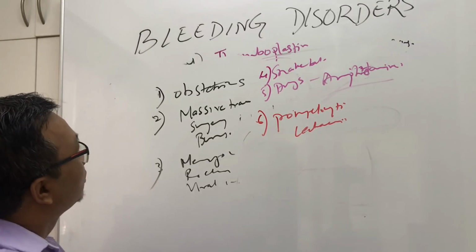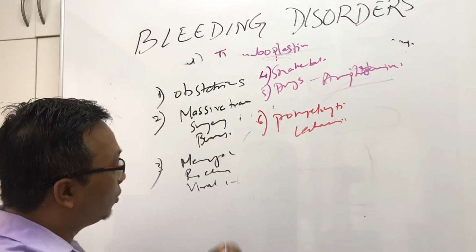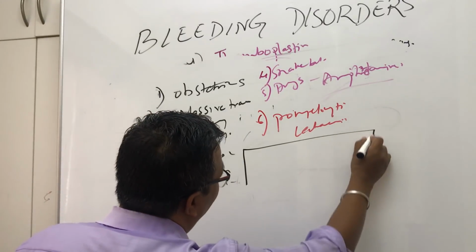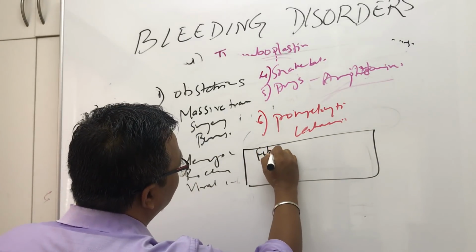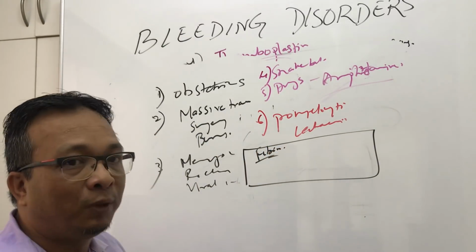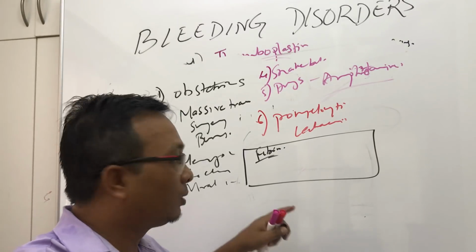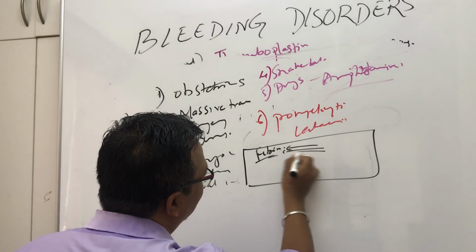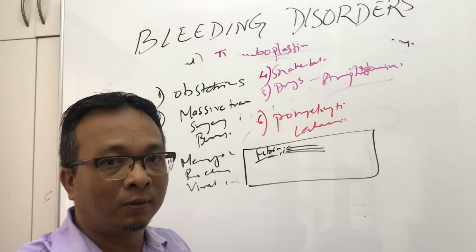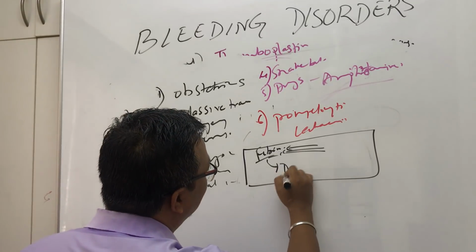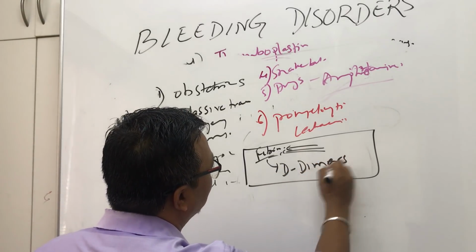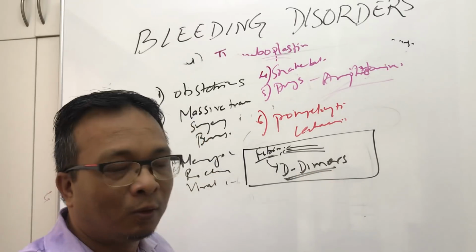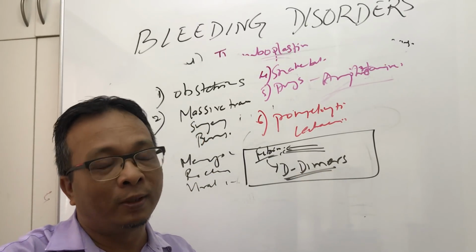Okay. So in DIC, another thing to note, which is often asked in the exam, is the continuous formation of fibrin. There is a fibrinolytic mechanism in the body that will break down the fibrin, and when fibrin is broken down, it forms D-dimers. So the D-dimer level goes very high, which is one diagnostic point in DIC.